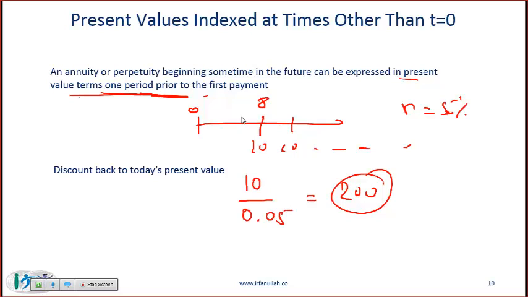This 200 is at period 7. It's one period before the period where the cash flow starts. And then how do you come up with the value at time 0? You take the 200 and discount back to 0.